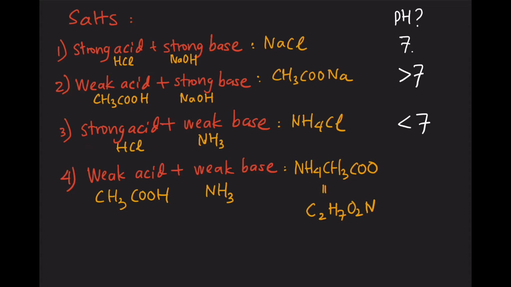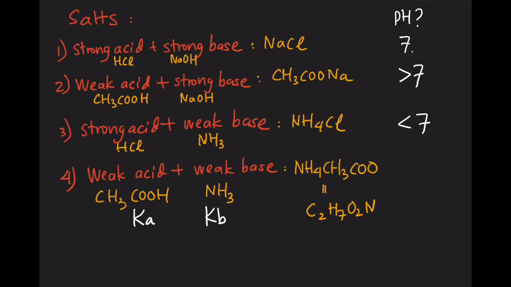And finally, we can have a weak acid and weak base combination. For instance, the ammonium acetate, NH4CH3COO, or if we condense this, it will become C2H7O2N. This comes from acetic acid plus ammonia. So the acid is weak, the base is also weak. And in this case, we cannot determine the pH easily because we have to take a look at the Ka of CH3COOH and the Kb of NH3.